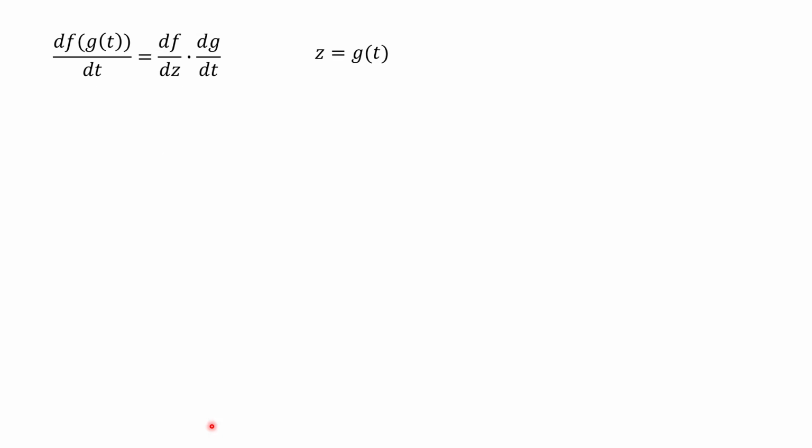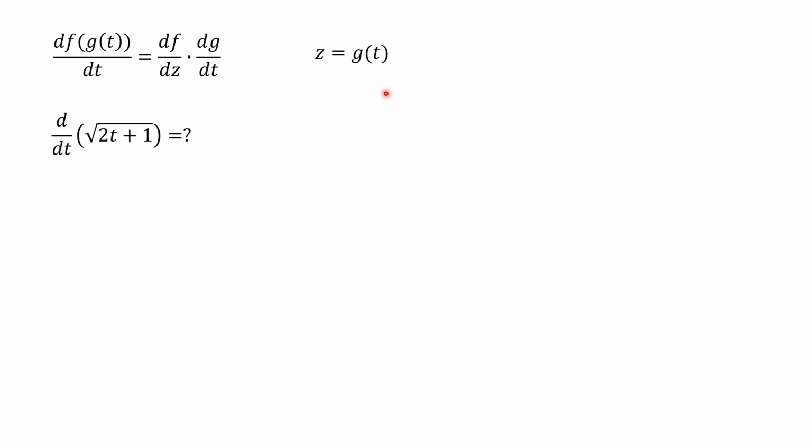So let's move on. Again, this is how we're going to calculate the derivative of a superposition of functions. It's df dz, its argument, times dg dt. The only thing we need to know here is that z is actually g of t. It's not just some kind of random argument.